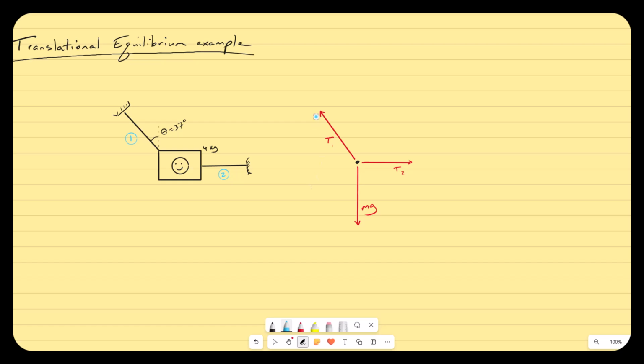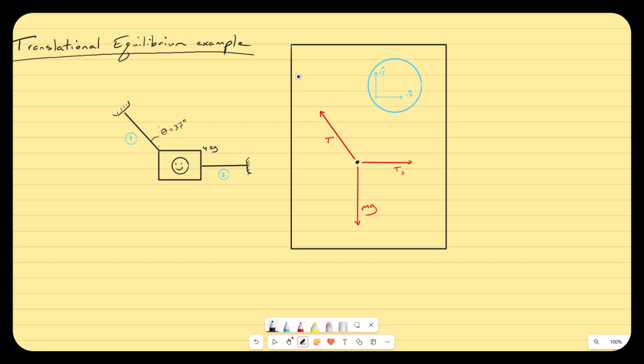I'm going to say upward can be my y-axis. There's no motion, so it doesn't really matter what direction I pick, but I've got a vector that points straight down, a vector that points straight to the right. If I choose a regular set of axes like this, then those two vectors are already on just an x or just a y-axis, which is going to save me some work in the long run.